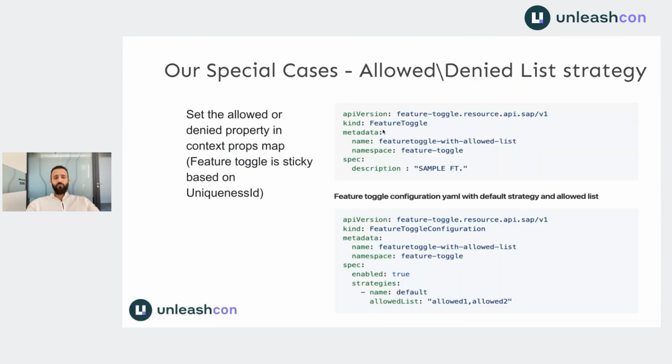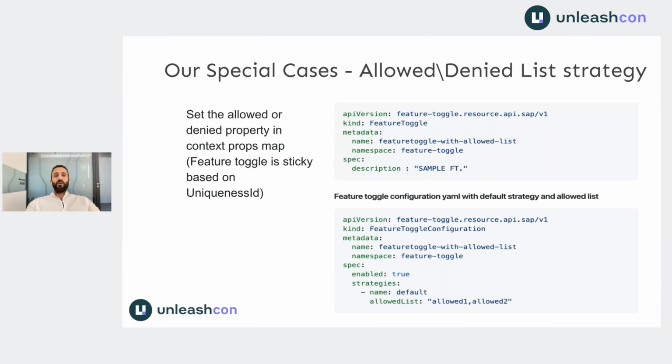Here I mentioned the advanced strategies and the extensibility of the solution we chose. One of our cases is a requirement to add a strategy to have an allowed list and a denied list for some domains.